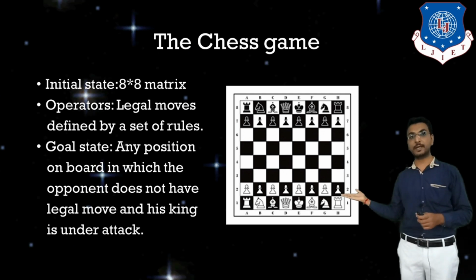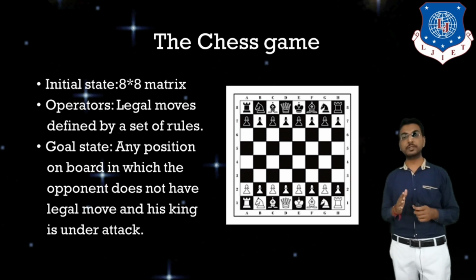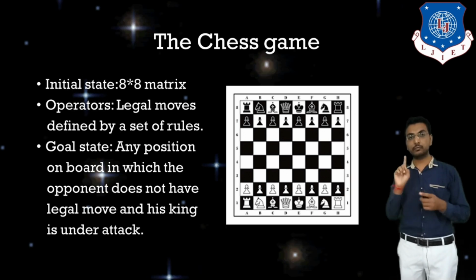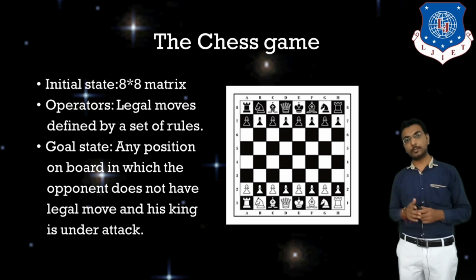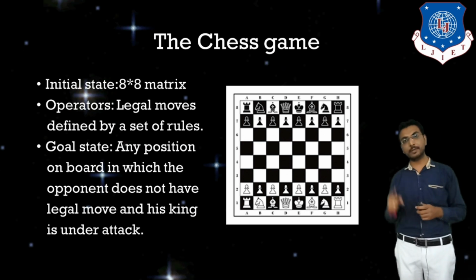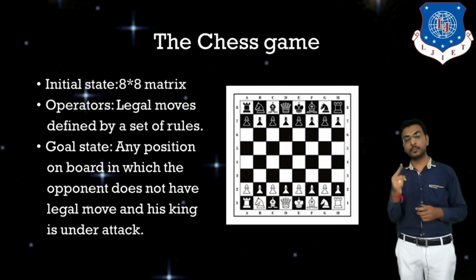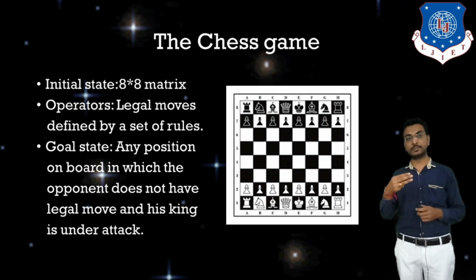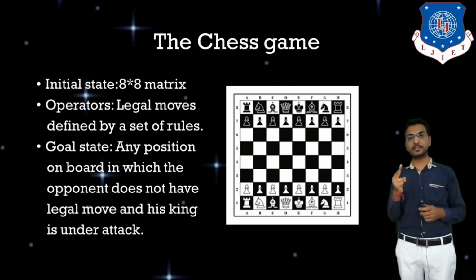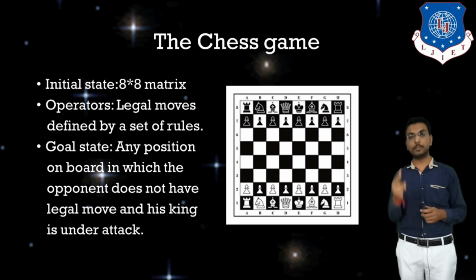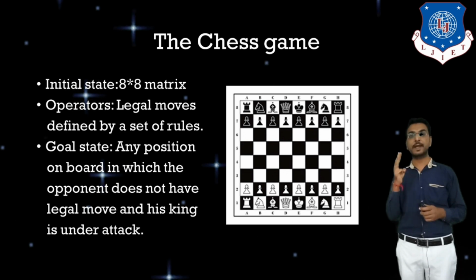So the final goal state for chess is that one particular player is able to win. So for defining a problem, which was our step number 1, we have these 3 steps. The first step is to specify the initial state, the second step is to specify the operators, or rules, and the third step is the goal state.